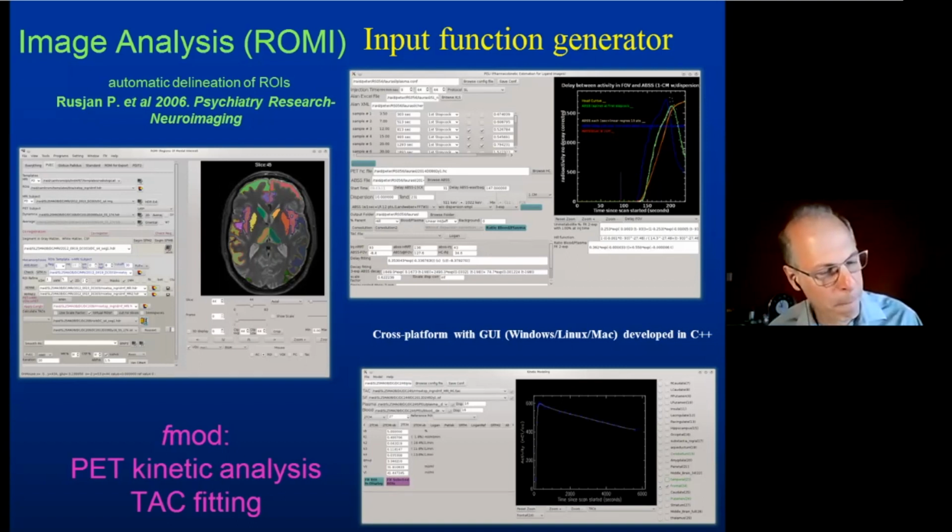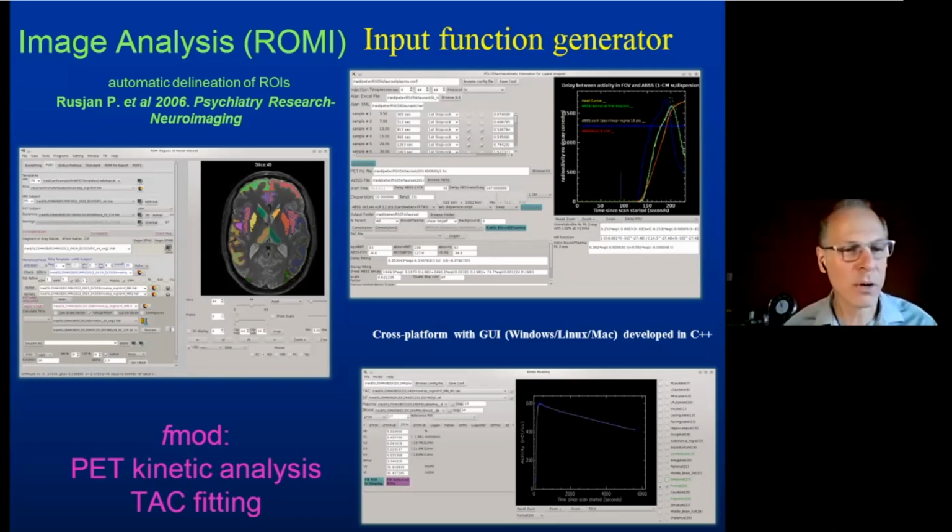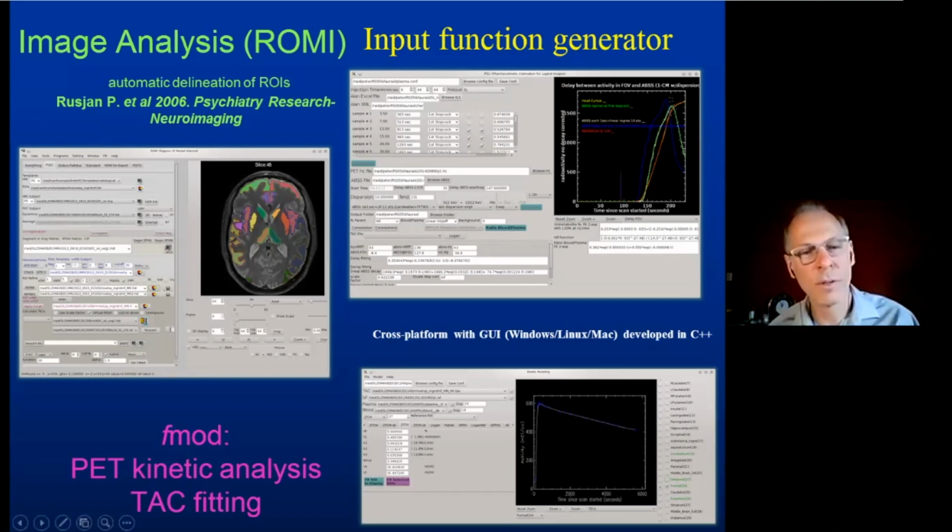And if you want an image in which each voxel has a total distribution volume or a binding potential, you have to do the kinetic modeling of the dynamic PET image first. This is what the software can do. If you are going to use an SUV ratio image as a parametric map, this software can do it too. But later you will have to deal with the outcome of that.